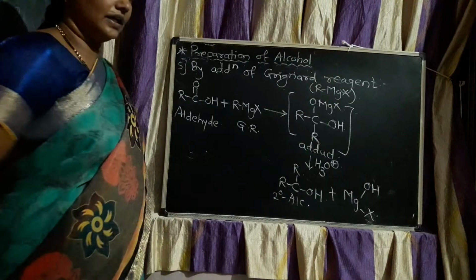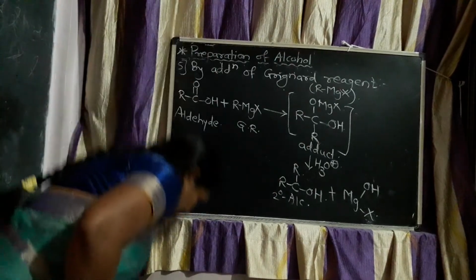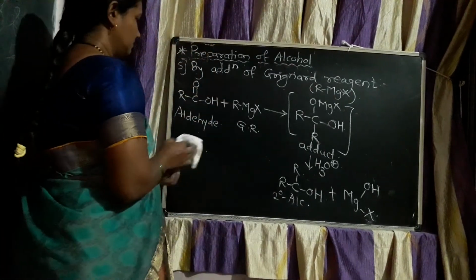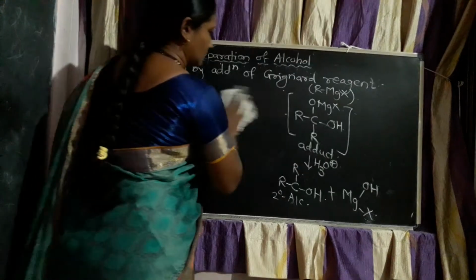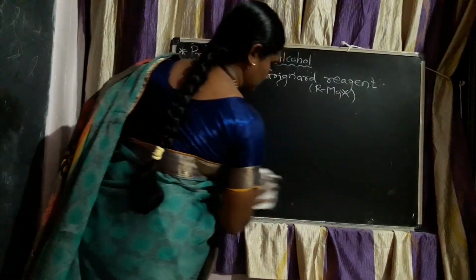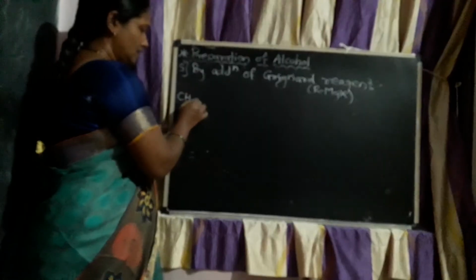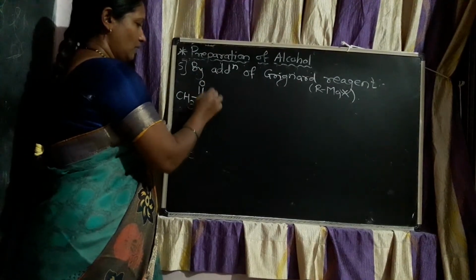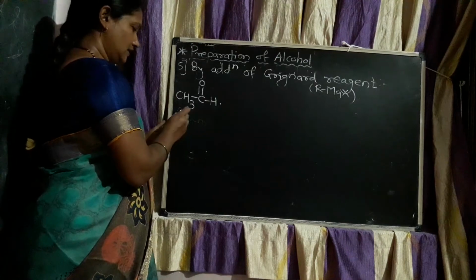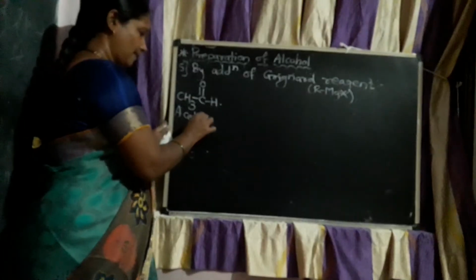Now we can take the example, students: CH3 C double bond H. This is the example of aldehyde, acetaldehyde.